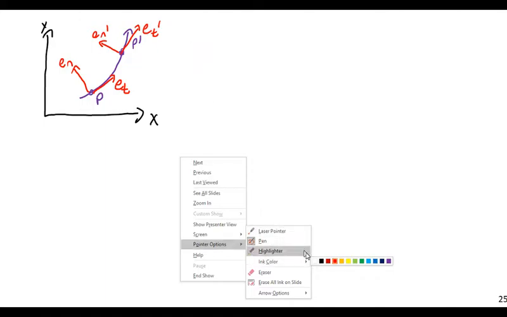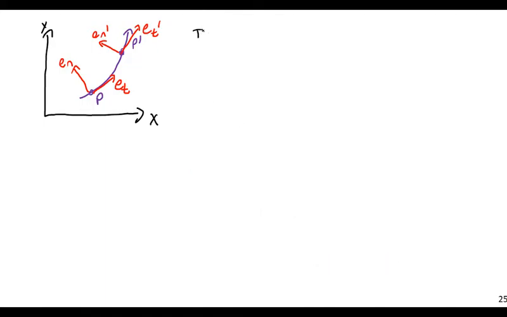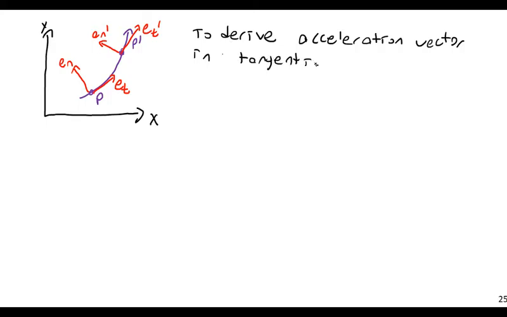And so to derive the acceleration vector in tangential and normal components, define the motion as in the figure, as shown here.